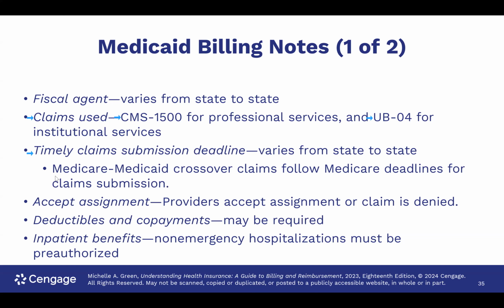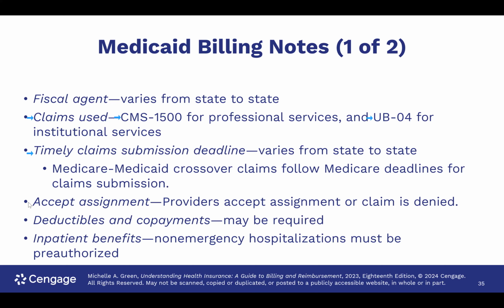If you don't get your claims submitted on time, you will lose revenue. And the deadlines vary from state to state. In California, it was typically 6 months. But again, these change frequently and they vary from state to state.